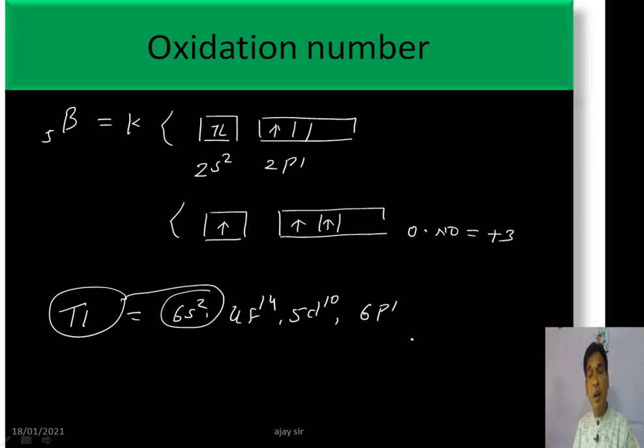So thallium's oxidation number is more stable at only +1 in place of +3.